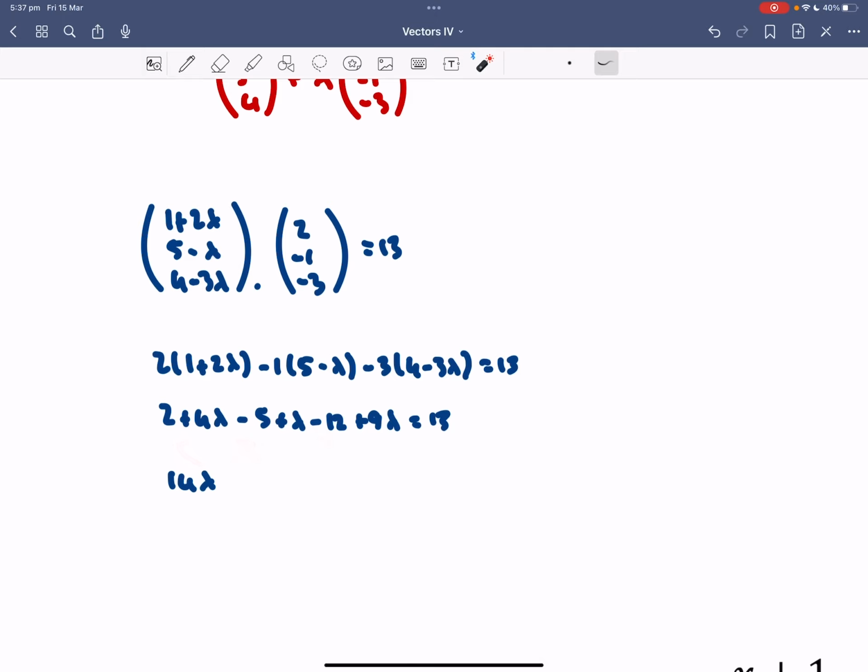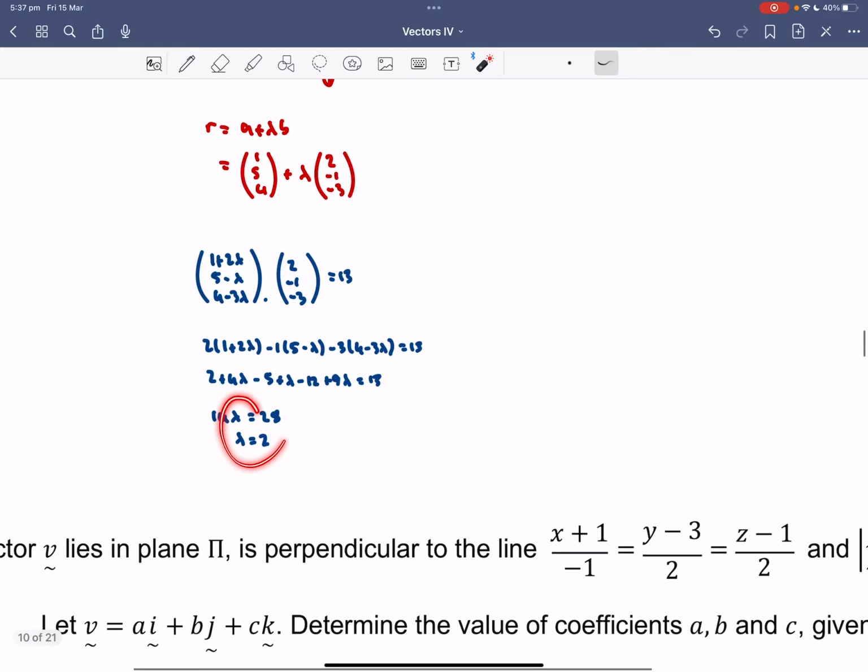Bring that to the other side, 13 plus 15 is 28. We're lucky we get a nice number. Lambda is 2.